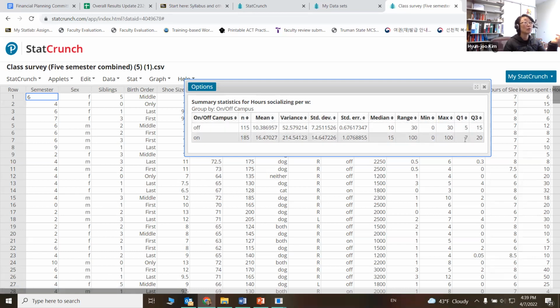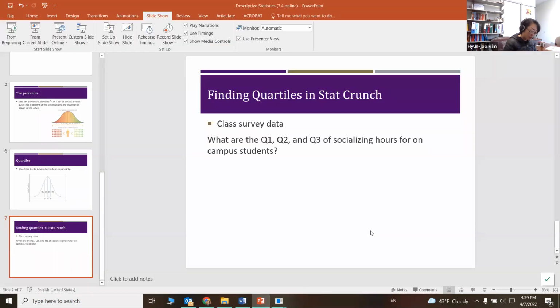Here is the Q1 value for on-campus student socializing hours, 7 hours, and Q3 is 20 hours. Then what would be Q2? There's no Q2 provided here, right? But Q2 is exactly the same as the median. So here is your Q2, the median, 15. So 7, 15, and 20. Let me double check. The median is 15 and Q3 is 20. I was totally wrong earlier.